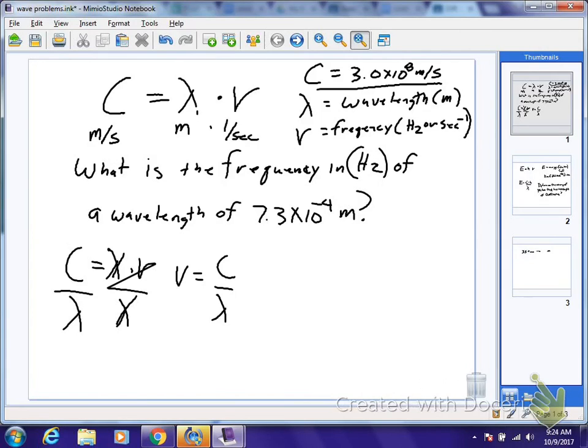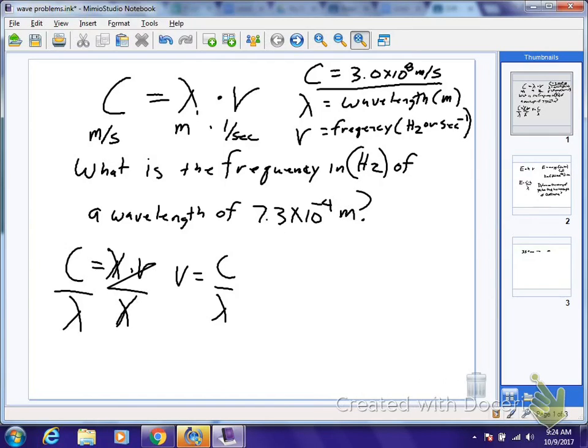And remember, scientific notation, when you divide exponents, you subtract them. So, if you remember the rules we used, since we've got exponents of 8 and negative 4, when we divide exponents, they subtract.